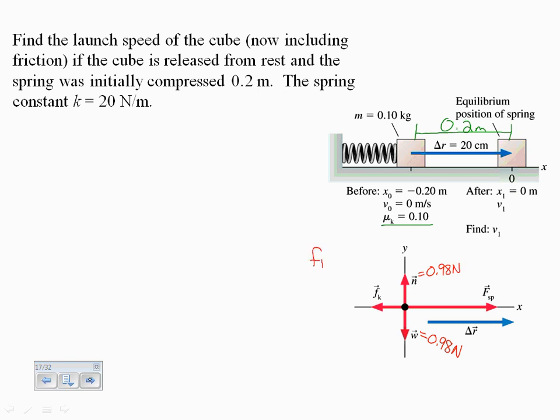And the force of kinetic friction equals the coefficient of kinetic friction times the normal force. So if I plug in those two values, the coefficient of kinetic friction is 0.1 times the normal force of 0.98. We get that the force of kinetic friction is 0.098 newtons.